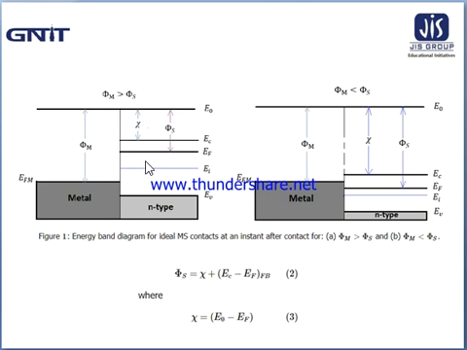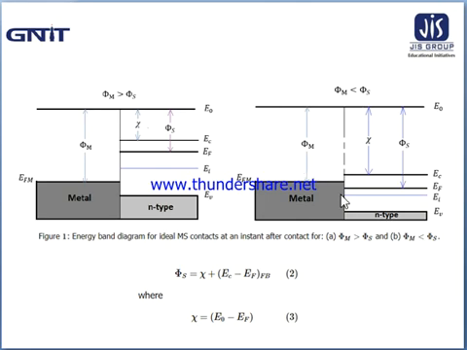They are not aligned. Therefore, the electrons will keep transferring between the semiconductor and the metal until EF is aligned.